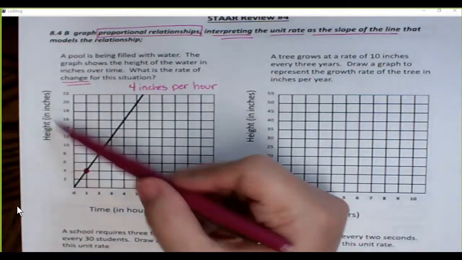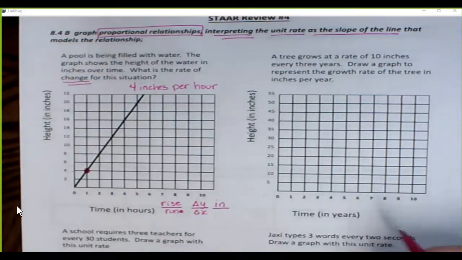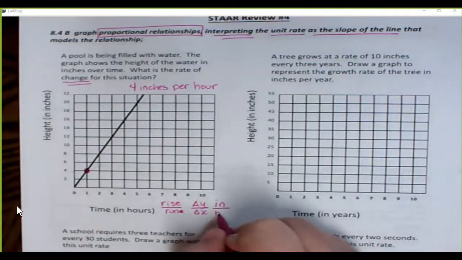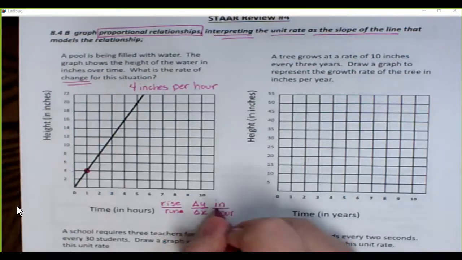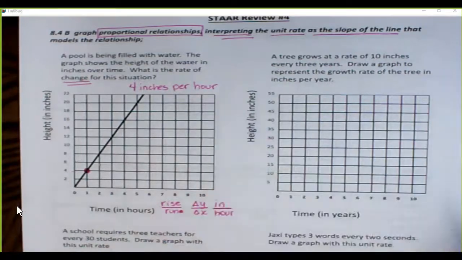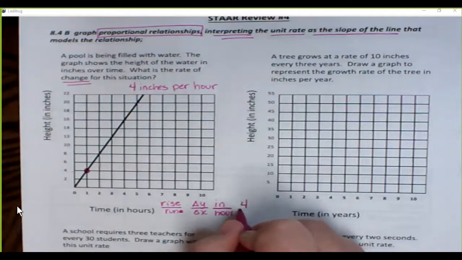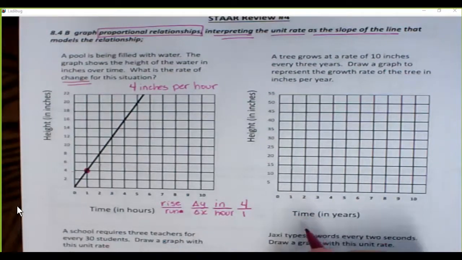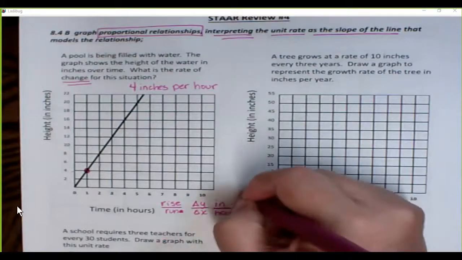It's the height in inches, right? So I can write inches over what? And specifically hours, inches per hour, right? So how many inches did we say it was per hour? 4 inches for 1 hour. Guys, that's my slope right here. That's my slope.